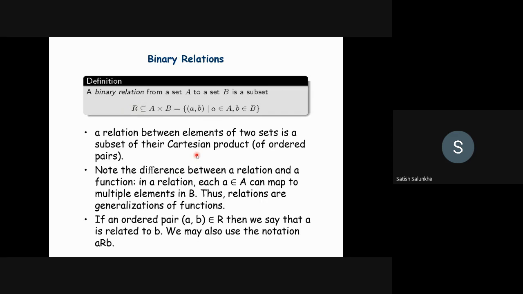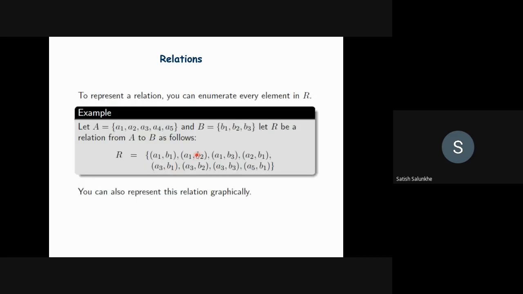Let me just check whether there is any example. Yeah, if you take this example, if you take A cross B, can you tell me what is the cardinality of A cross B? If you perform the Cartesian product A cross B, what is the cardinality? 15. How? 3 into 5, cardinality of A into cardinality of B. So you have all possible combinations like A1, B1.